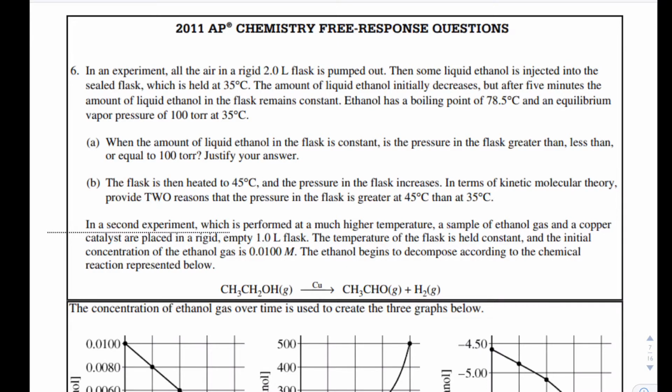The amount of liquid ethanol initially decreases, but after 5 minutes, the amount of liquid ethanol in the flask remains constant. Ethanol has a boiling point of 78.5 degrees Celsius and an equilibrium vapor pressure of 100 torr at 35 degrees Celsius. When the amount of liquid ethanol in the flask is constant, is the pressure in the flask greater than, less than, or equal to 100 torr?